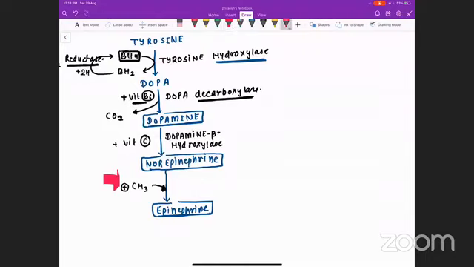The name of the donor is SAM. SAM is a methyl donor. It will come and donate the methyl group.